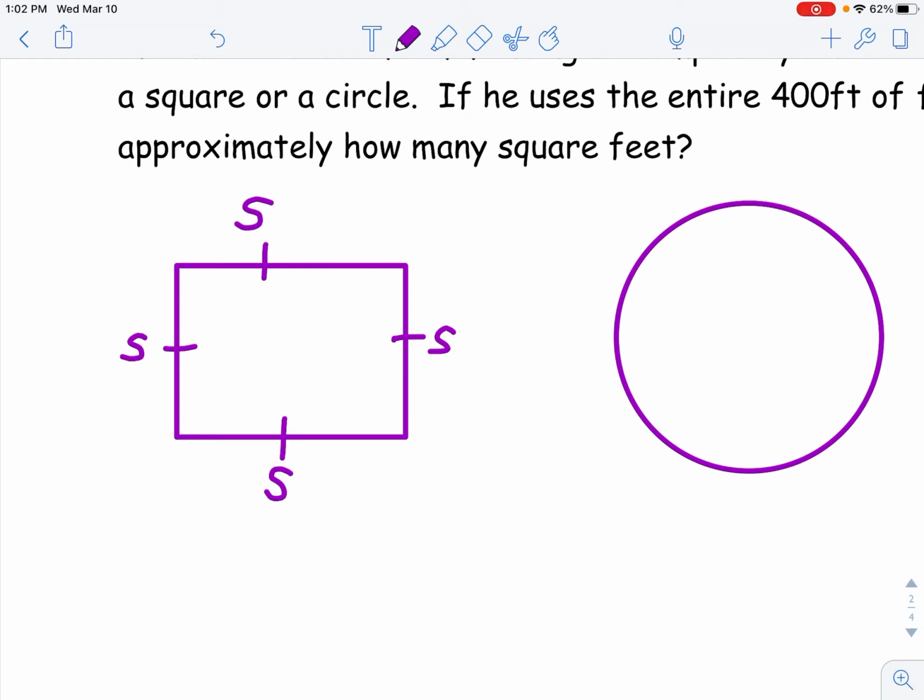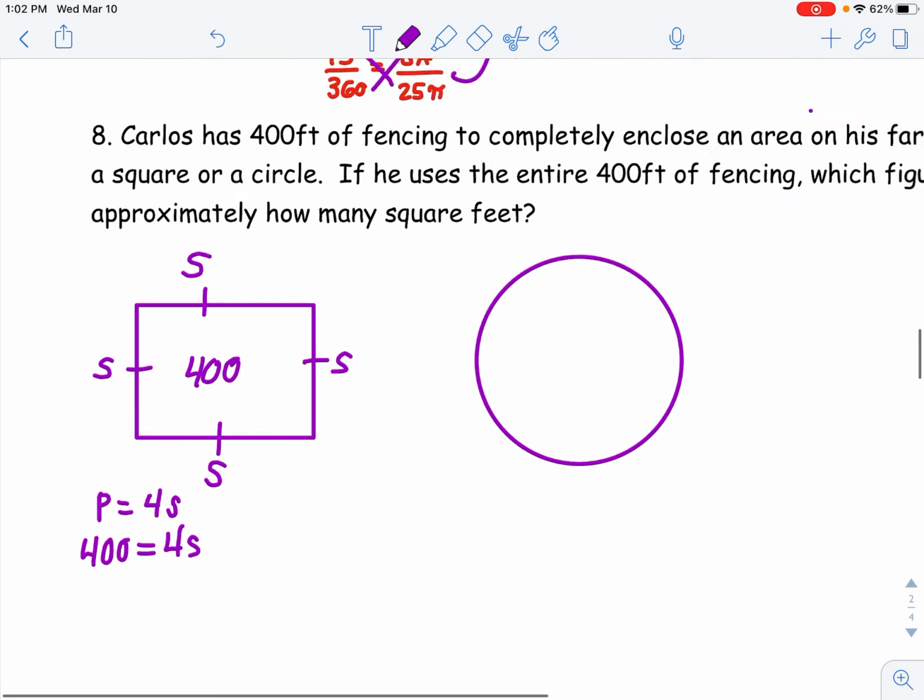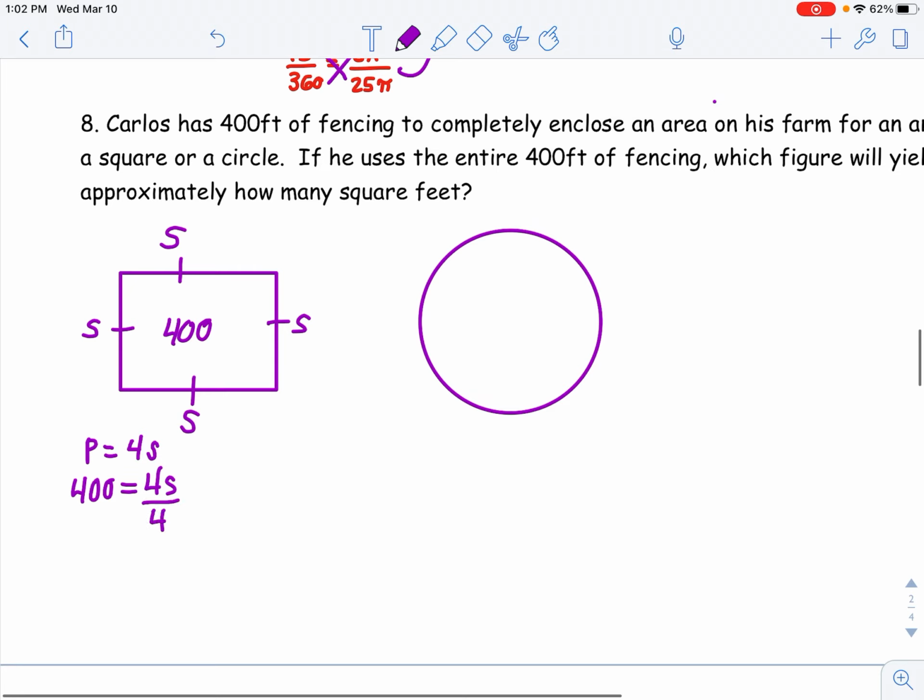This is some side length. This is some side length. This is some side length. This is some side length. Remember, perimeter of a square is 4 times a side length. In this case right here, it said we have 400 feet of fencing. So 400 feet equals 4s. Divide both sides by 4, and 100 equals a side length.